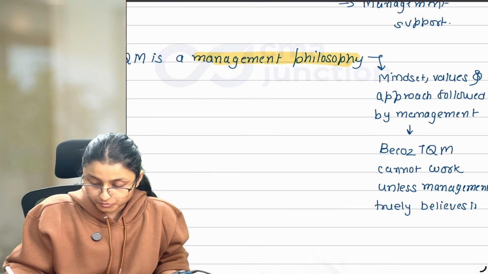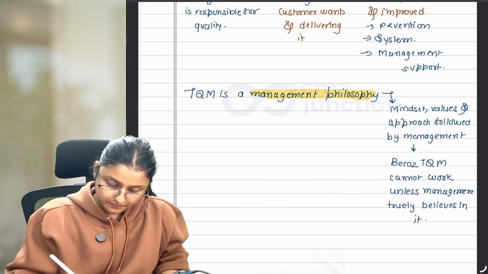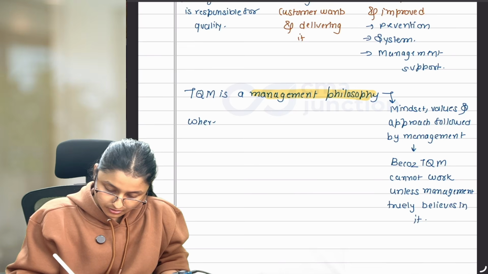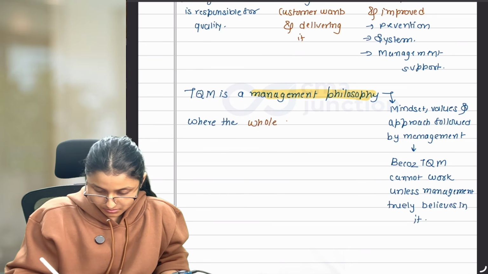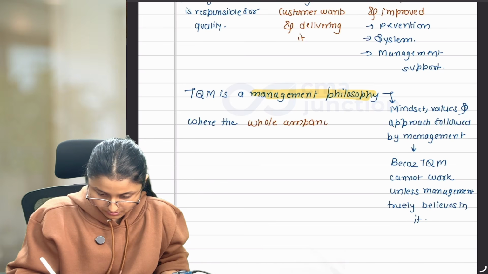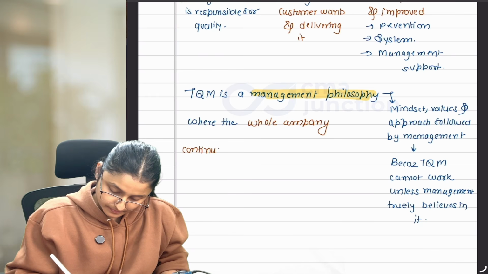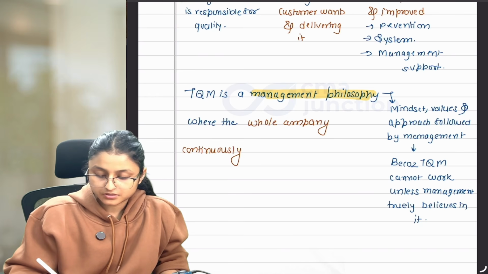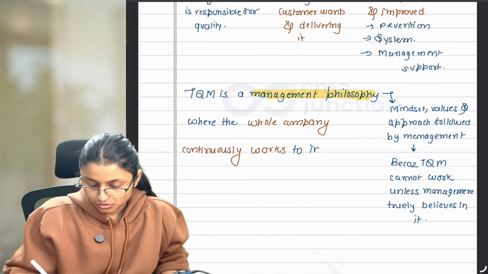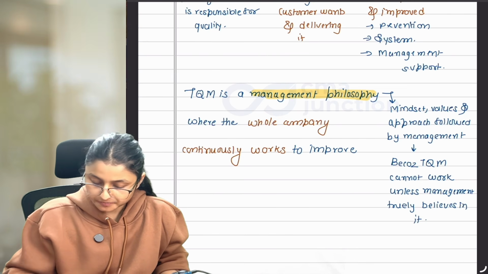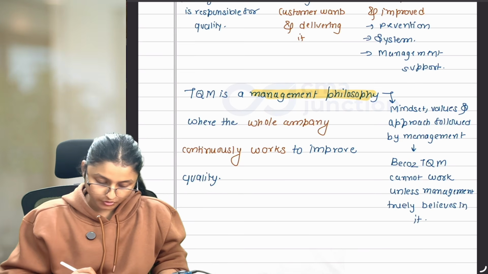So management's support is very important for TQM. So TQM is a management philosophy where the whole company continuously works to improve quality. Not one person, not one department, everyone in the organization, the whole company is going to work towards quality.